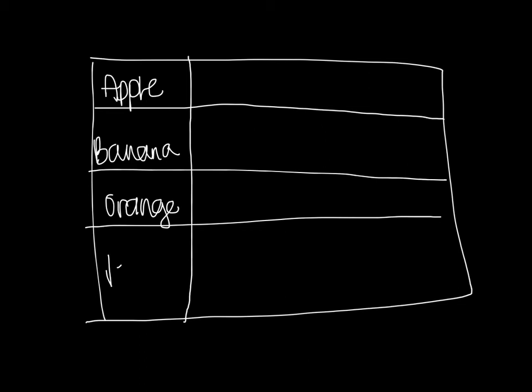Okay, so the next thing I want to do is figure out what my data is. I'm going to do favorite fruits. The fruit choices that I have are apple, banana, orange, and pear.